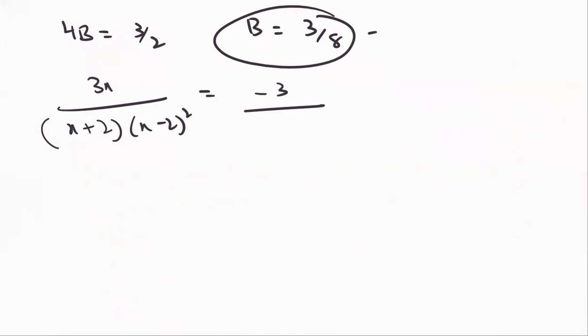Then, looking at over here, I hope that you guys have got it correctly, right? Did you get the answer correctly? Okay, so B is 3 over 8 then.